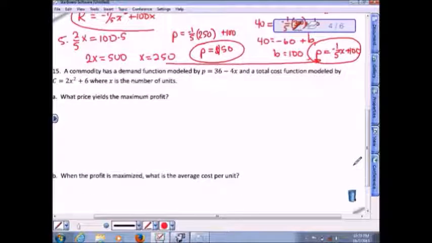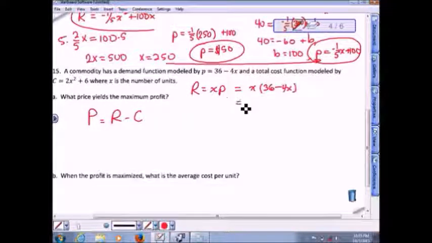Now, question 15 is a little bit easier because the price function has been provided for us. The cost function is there. What price yields the maximum profit? Now, this is an uppercase P. Profit is equal to revenue minus cost. Now, revenue is equal to x times the price, which is x times 36 minus 4x, which is negative 4x squared plus 36x.